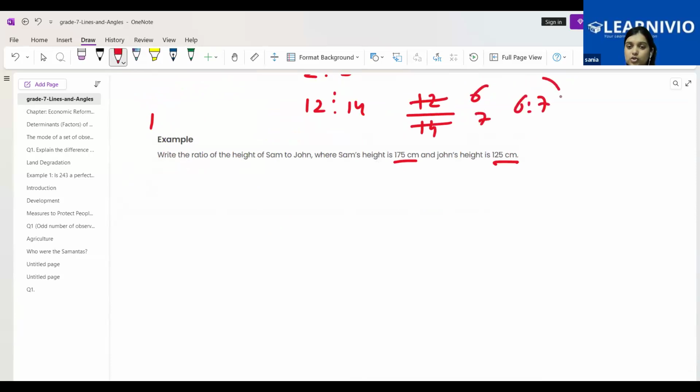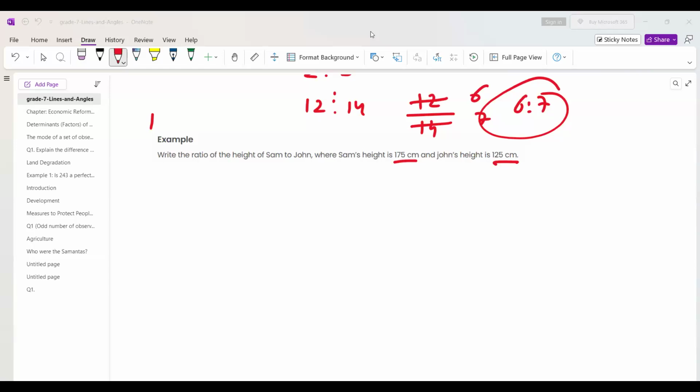So what will be the ratio? 6:7. Similarly, you have to find it here.